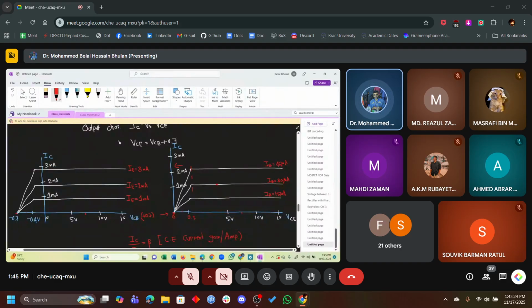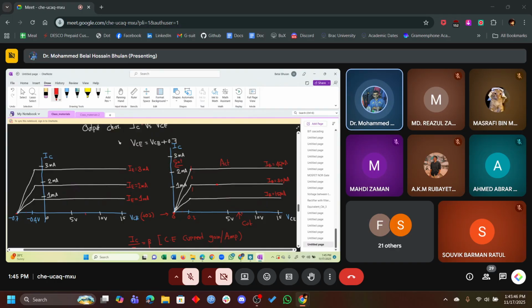So this side is our saturation region. This is our active region. And this is where the current is zero, the cutoff region. Although we obtain this with the circuit configured in such a way, when you conduct the experiment, it includes saturation, active, and cutoff.